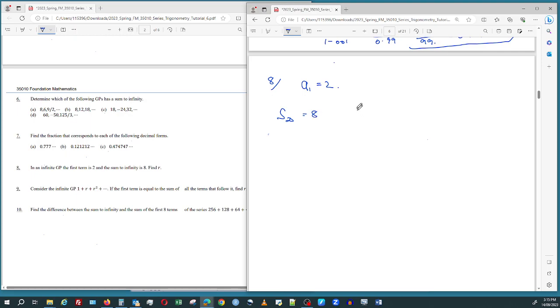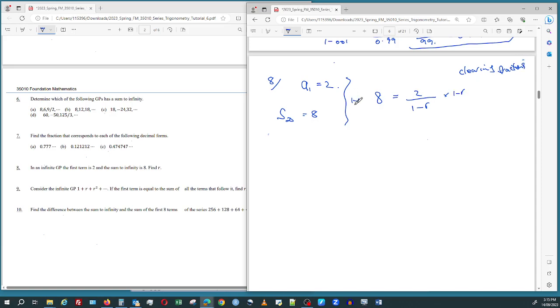So the way that we would set this up, we would write 8 is equal to 2 over 1 minus R. That's just a case then of multiplying, clearing fractions.